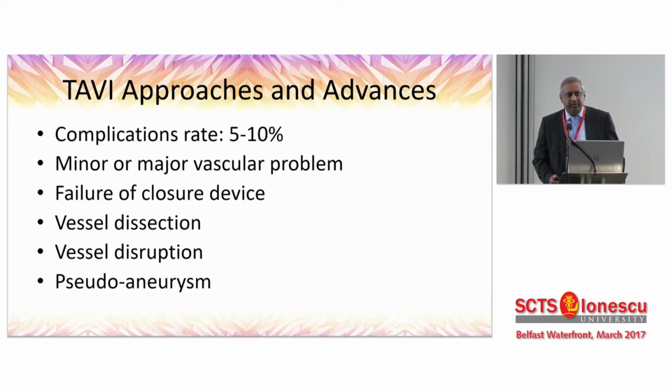And most commonly you will find that you get into bigger problems because you haven't planned for it. And these will be things like dissecting the vessel, or even disrupting the vessel and disconnecting it from the aorta. Occasionally you will get a pseudoaneurysm, but that again, if you are careful enough when you're closing and making sure that there is no leak at the end of the procedure when you do your final check angiogram.